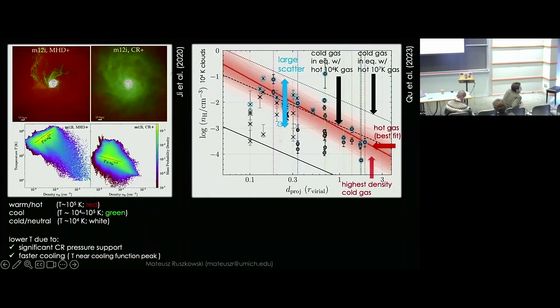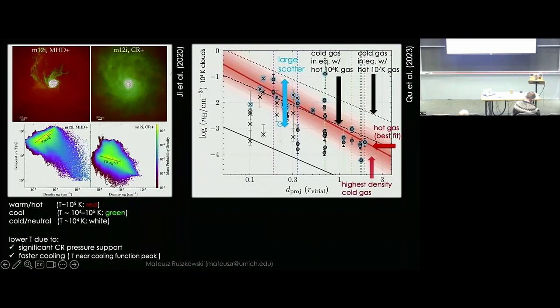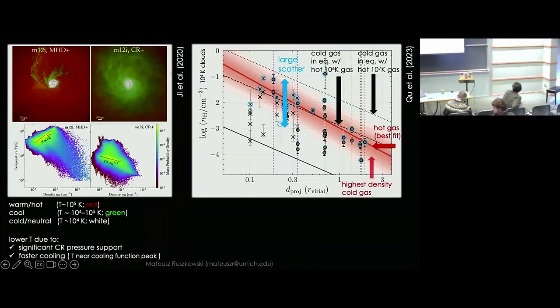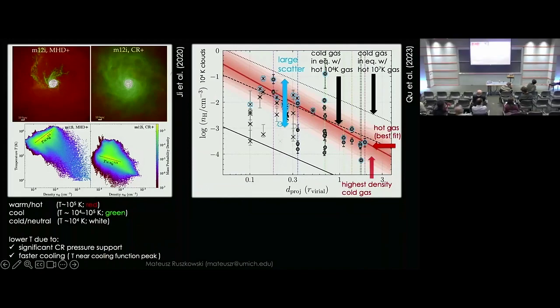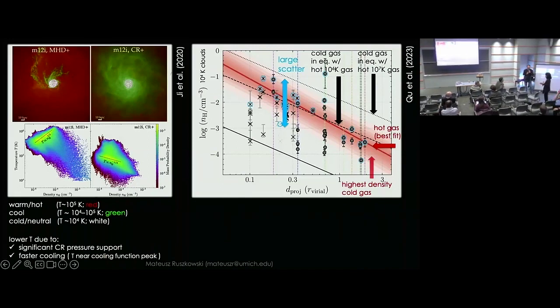Certainly we can constrain turbulence observationally very well. What's left after we account for thermal and turbulent pressure support is left for interpretation. But in the near future, as long as Hubble Space Telescope continues to operate, we have the chance to increase the sample size by an order of magnitude.